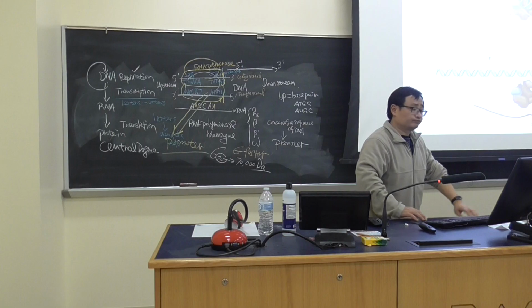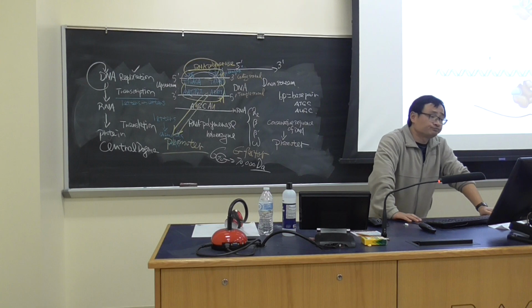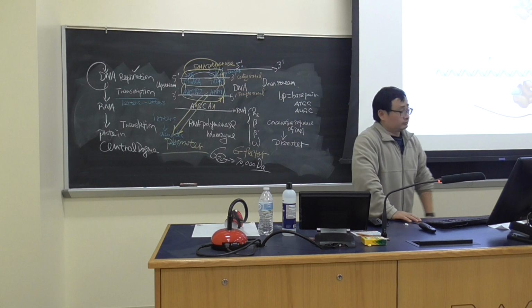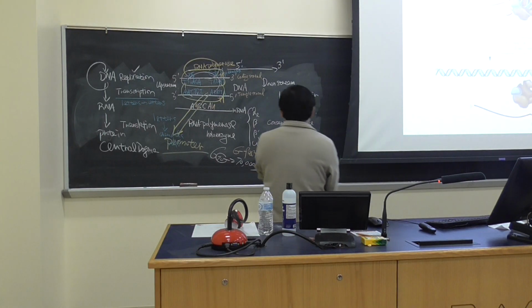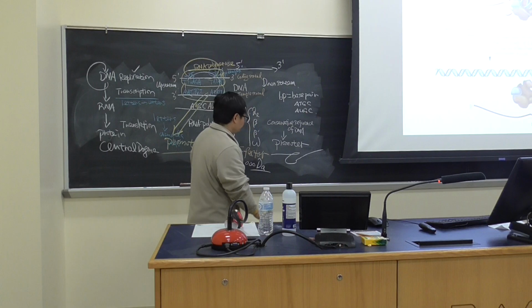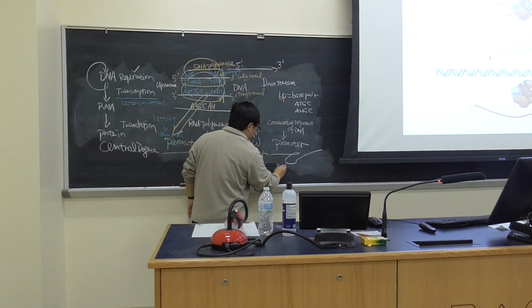And finally, how do you know the termination? There are two different characteristics that will happen. Number one, when they reach an area, something happens. This is called a stem loop.